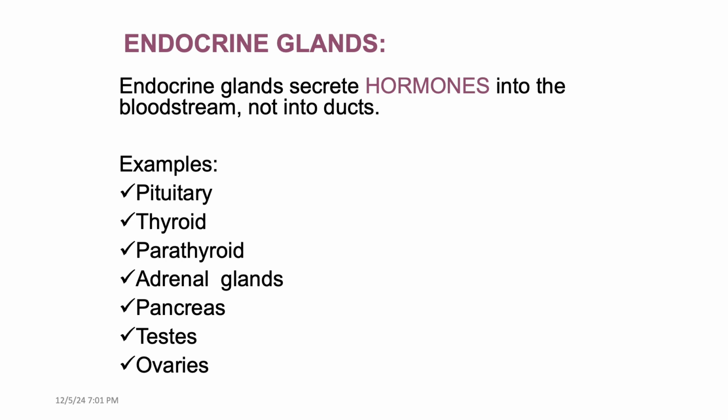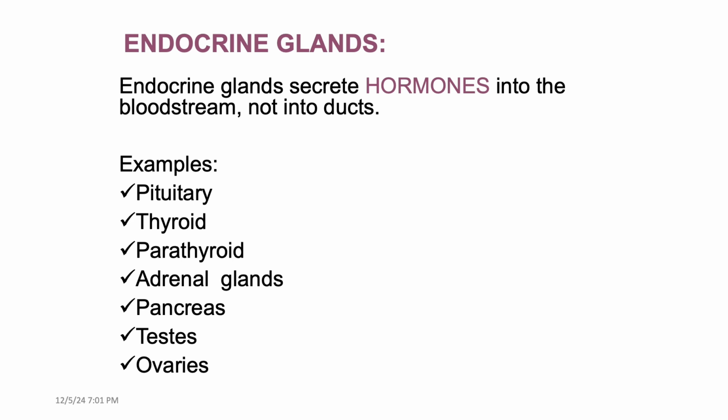For the endocrine glands, examples will be the pituitary, thyroid, parathyroid glands, adrenal glands, the pancreas, testes, and ovary. If you look at it carefully, you realize that the pancreas was listed as one of the exocrine glands, and here too it has been listed as an endocrine gland.